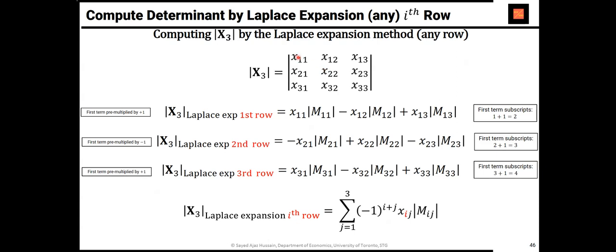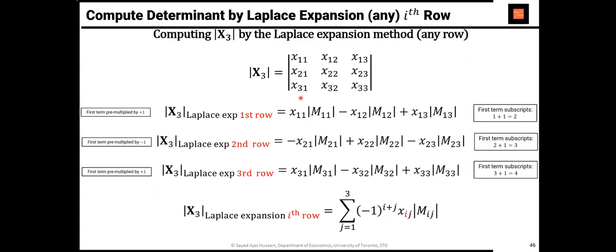When I expand by first row, how did I start the signs? Plus, minus, plus. So what if I had kept going? I would have done plus, minus, plus, minus, plus, minus, plus, minus, plus. So notice the alternating plus, minus, plus.